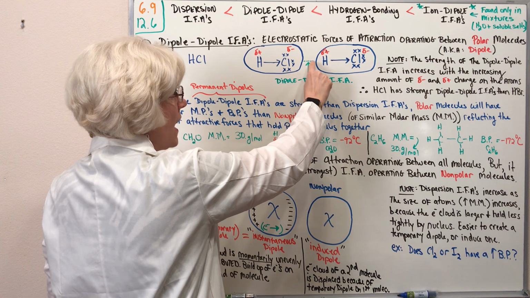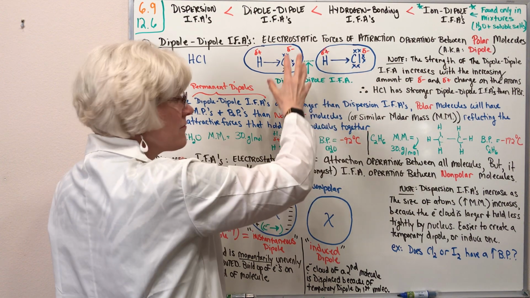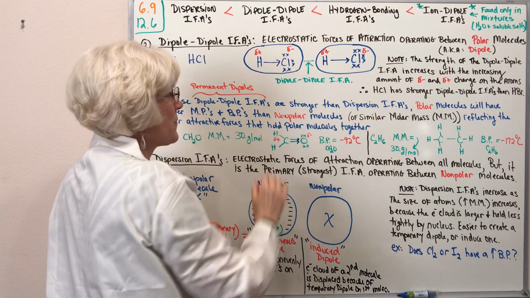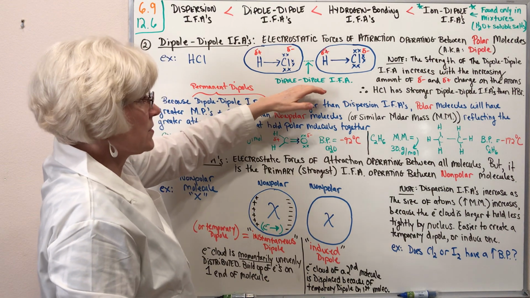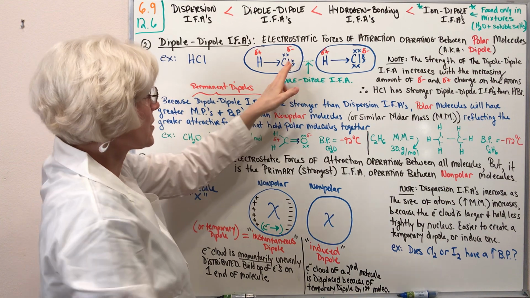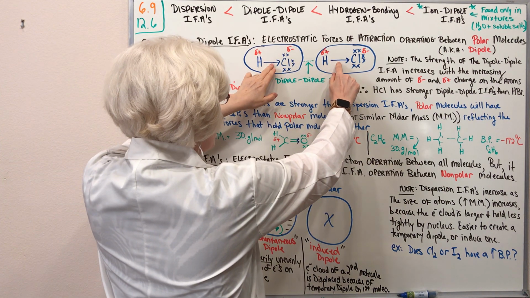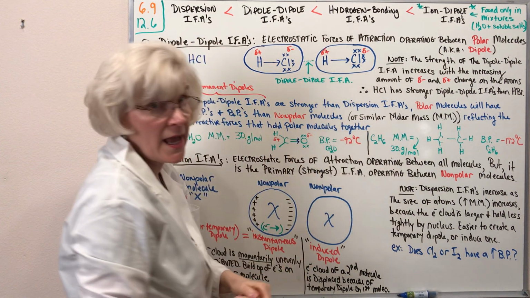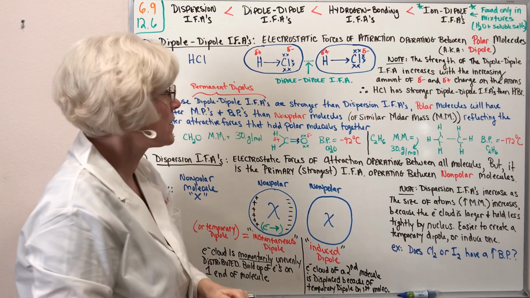Notice that this dotted line here, whatever the symbol that's used to represent the dipole-dipole IFA, this attraction is weaker than the covalent bonds that hold HCl together as a molecule.